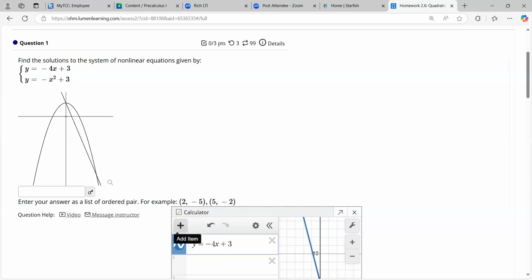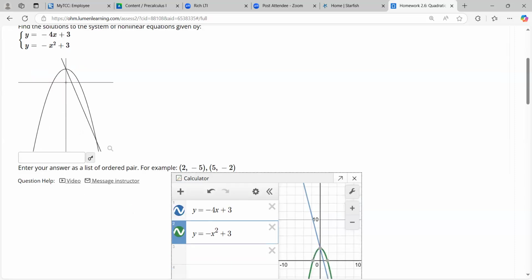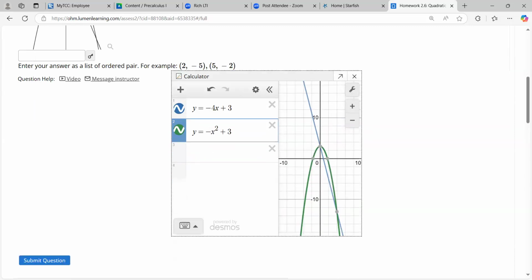And then add another equation, which is y equals negative x squared, plus 3. And so I have the 2 equations entered, and look at what happened in the graph. And you can see where the 2 graphs intersect, right?